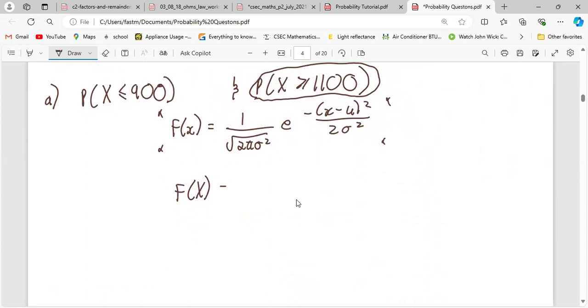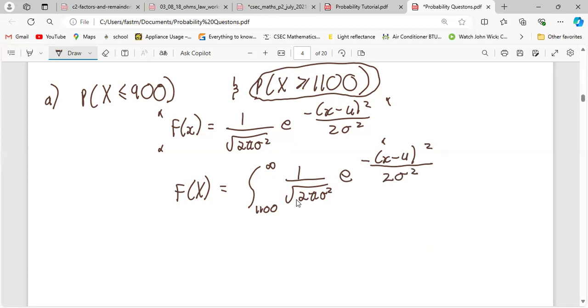So in this case, capital F of x would be the integral from 1100 to infinity, right? So 1 on the square root of 2 pi sigma squared, e to the minus x minus mu squared on 2 sigma squared.